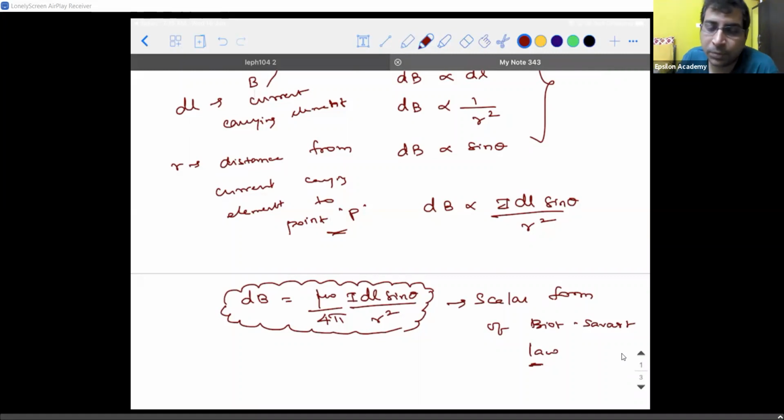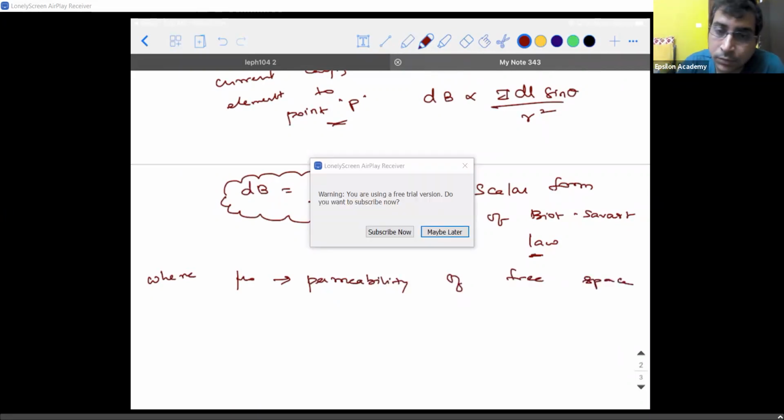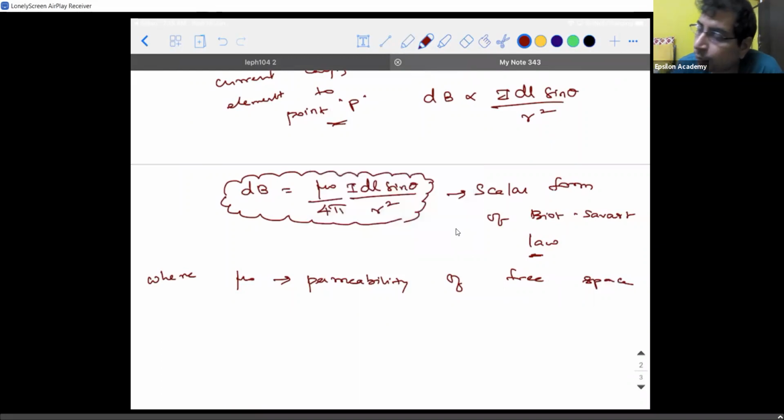Okay, so please make a note of it. Where mu naught is called the permeability of free space. Permeability is the extent to which the medium allows the magnetic field to exist.